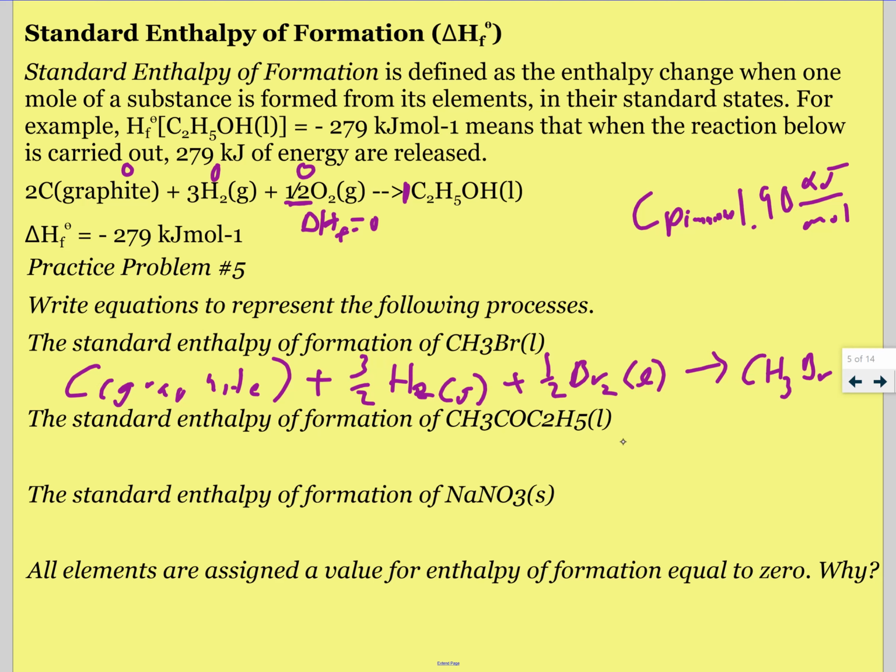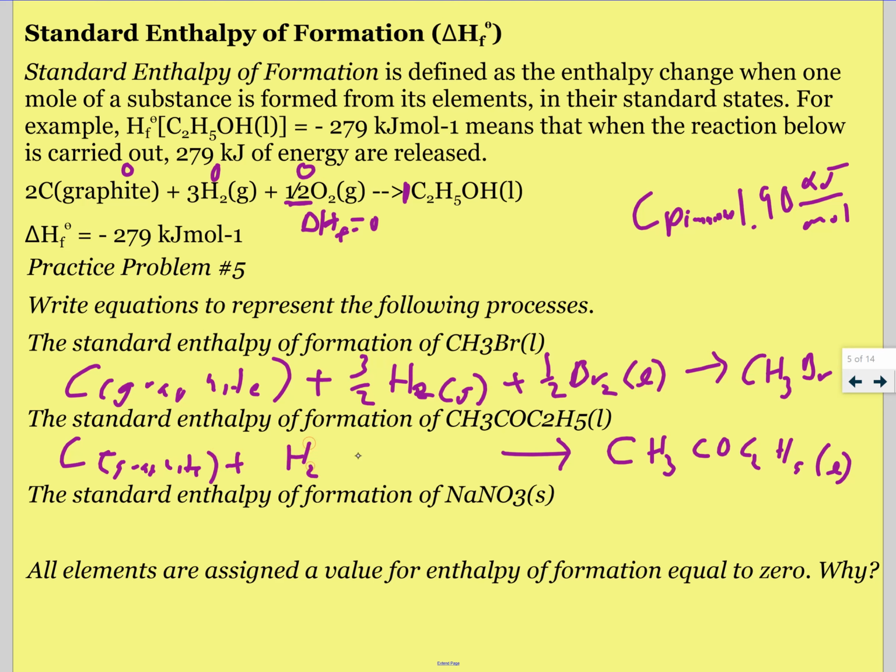Let's do the next one. Maybe you pause it and you do it yourself. So we're going to make CH3COC2H5 in the liquid state. I need 1 mole of that, so that's an implied 1. We got some carbons. We're going to start in graphite, the natural state.